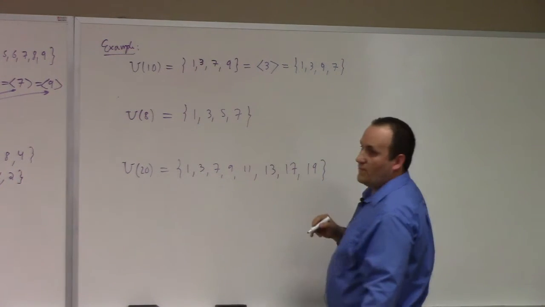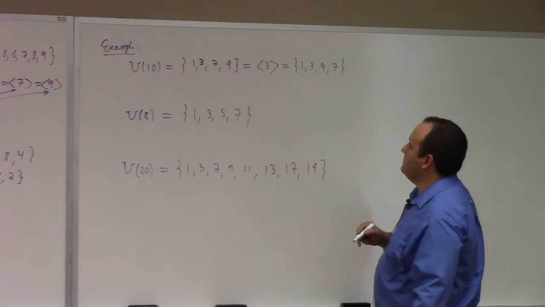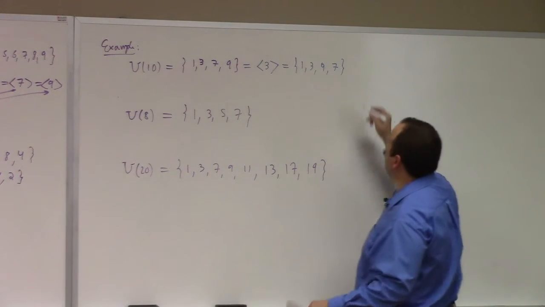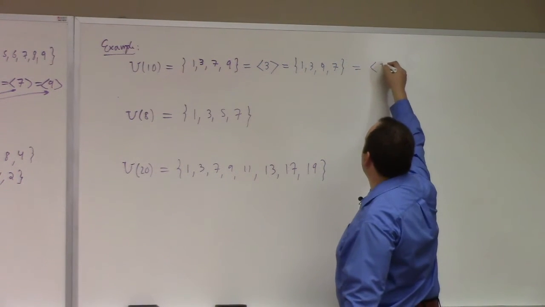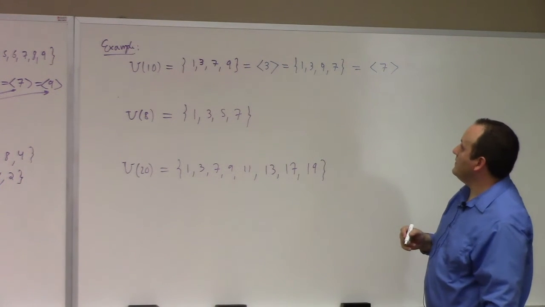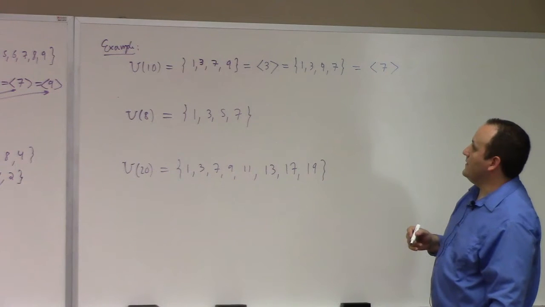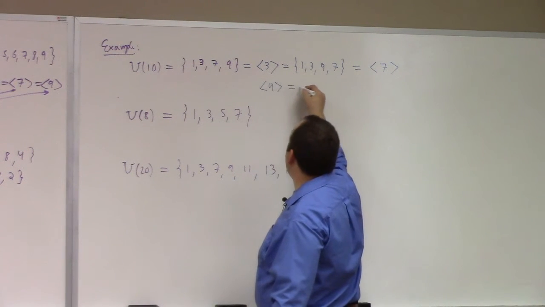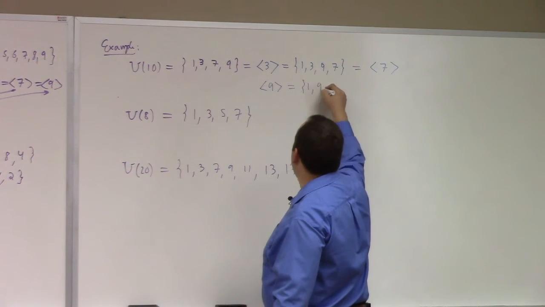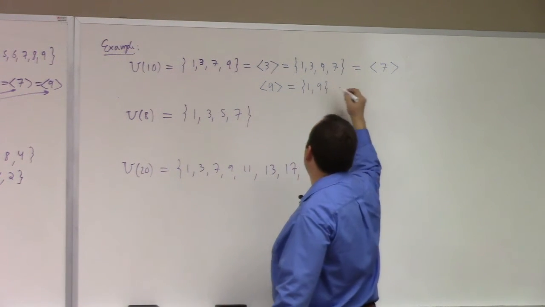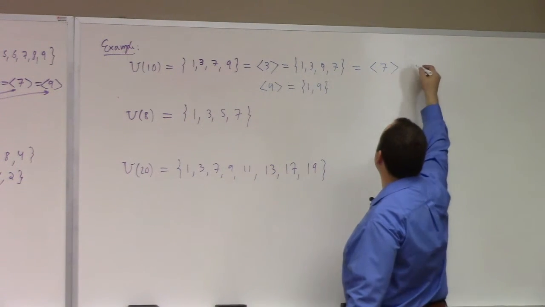There you have it. And U10 you can also generate with 7. But on the other hand, 9, what happens with 9? 9 times 9, 81, it's 1 again. So 9 is not a generator.